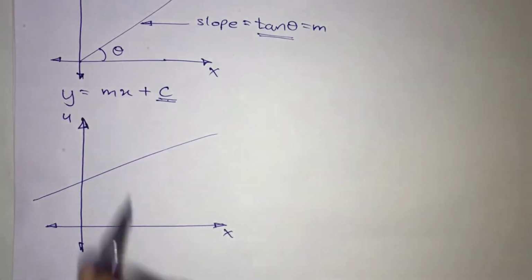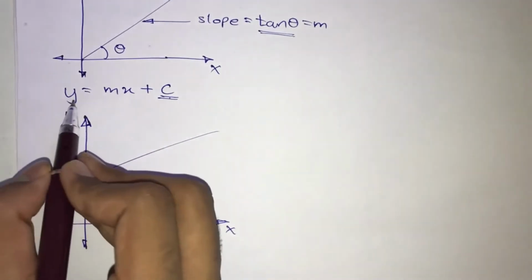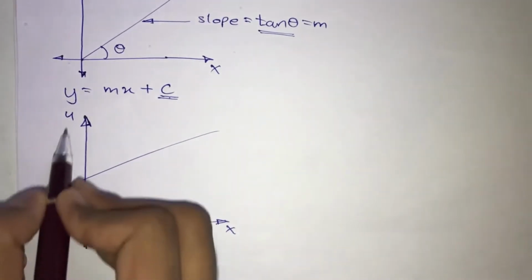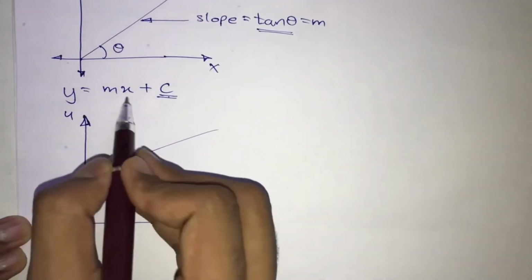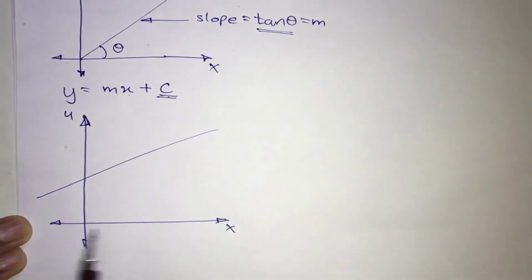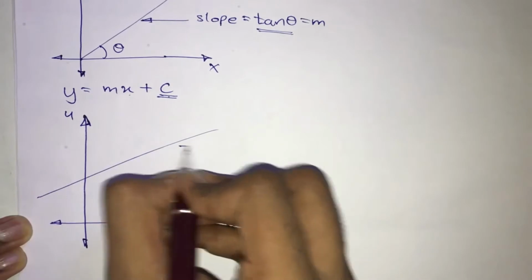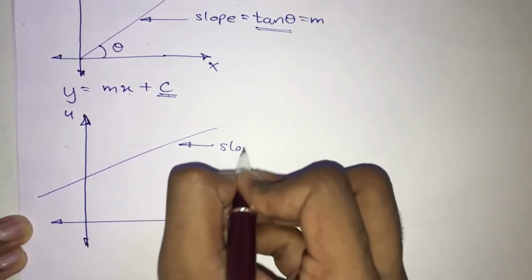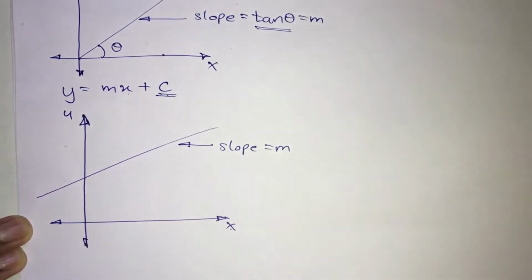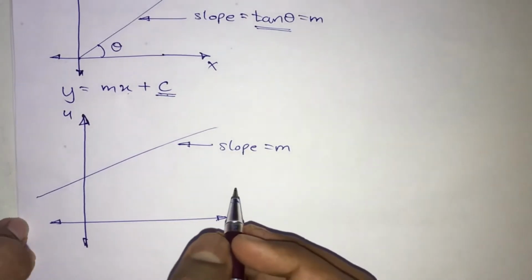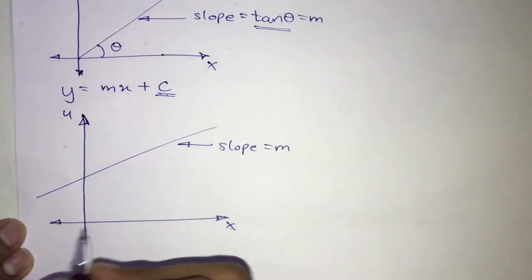Okay, so now let us understand these terms over here. This y represents the variable along the y-axis, this x represents the variable along the x-axis, and this m is nothing but the slope of the line. Okay, so now you might be wondering how we can find out theta to find the slope of a line.